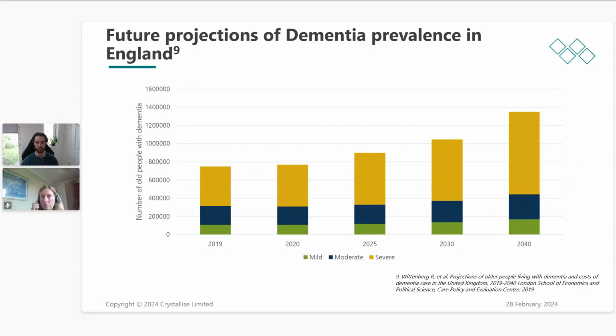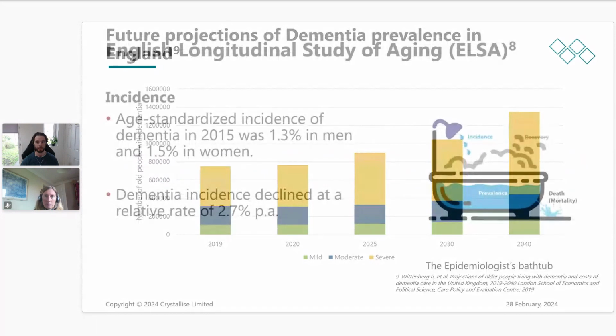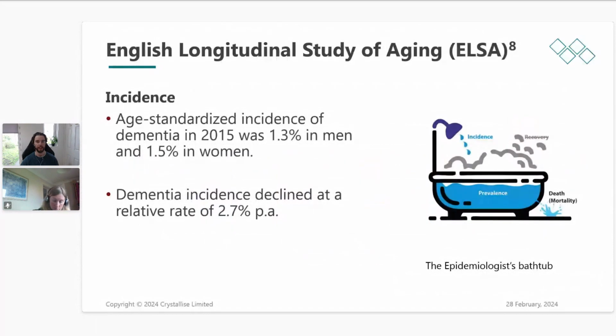But by looking at cohort studies, we can better understand what is actually happening to prevalence rates and incidence rates. If we begin by looking at the ELSA study, this is a longitudinal study of aging in the English population, with around 20,000 participants aged 50 and above from outset, and their aging has been observed over the last 20 years.